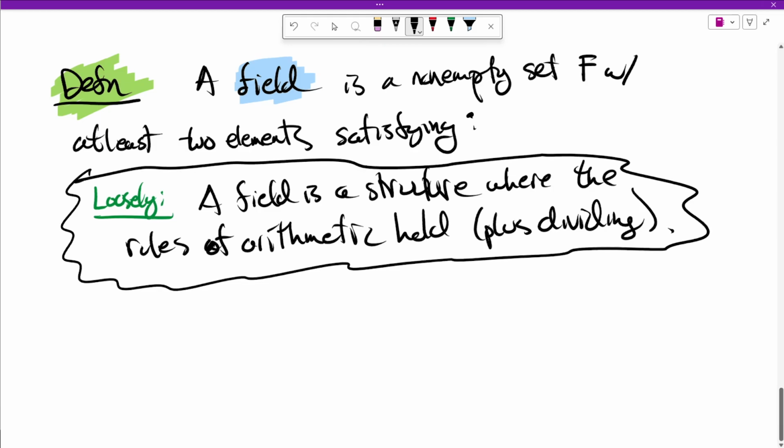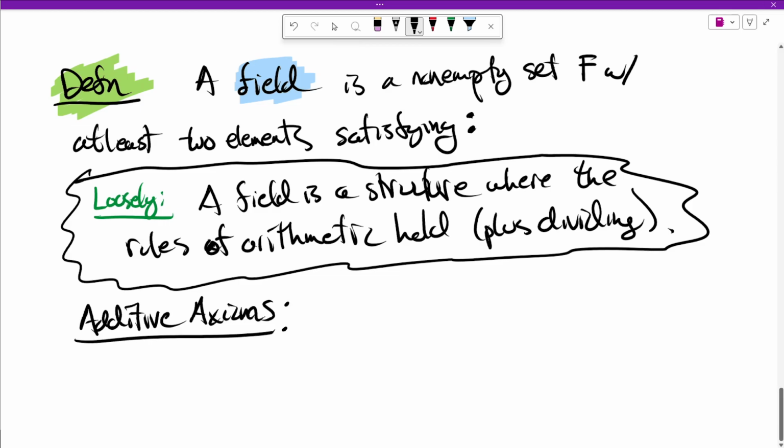Now, that's not the correct definition. So what is the correct algebraic definition? Well, it's kind of long. Let me say the first 4 axioms have to do with addition, so the additive checks. Sorry, let me back up for a second.